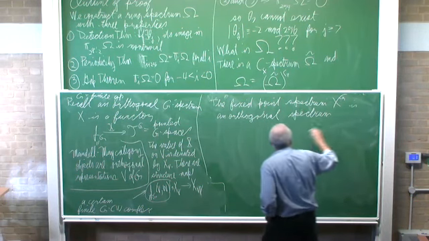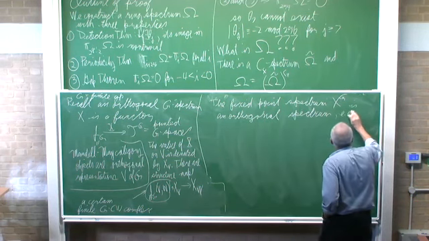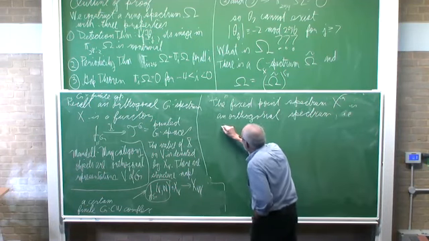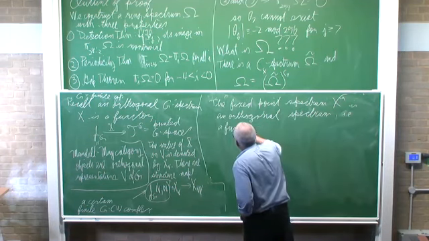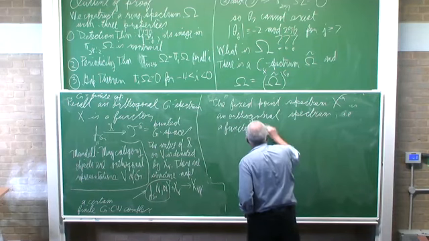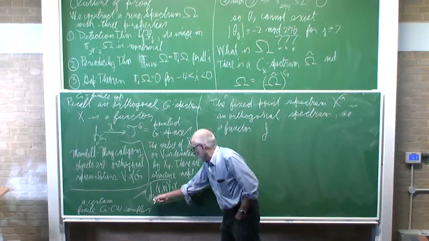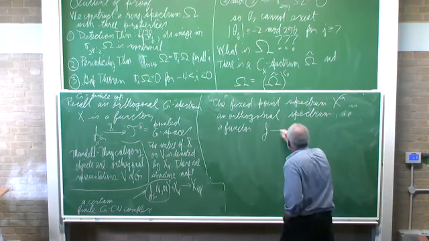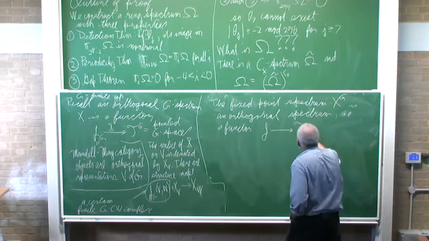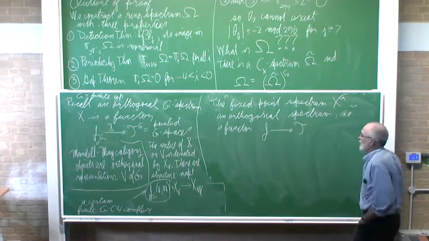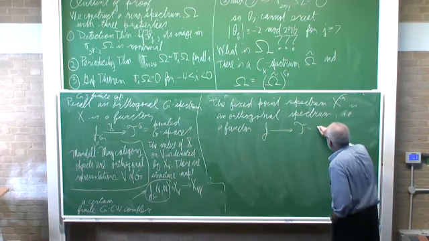Which means this is also a certain functor. So it's a functor from a category that I'll call J without the subscript, and it takes values in T, which is the category of pointed spaces.